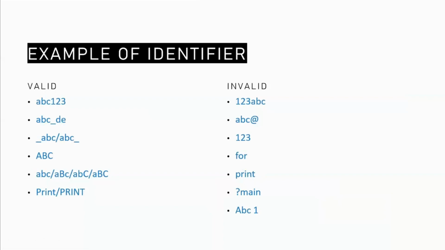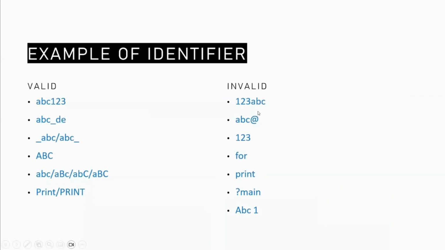This print word is actually the name of a function which is used to display an output. So print, all written in small letters, cannot be used as an identifier, but Print with P capital or all letters capital, they should not be all small. That's it. Because print is a reserved word, the other forms are all valid.